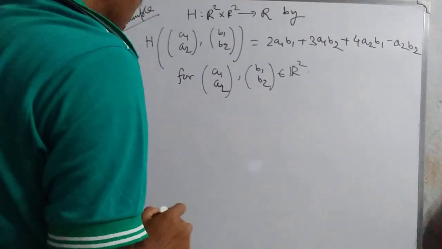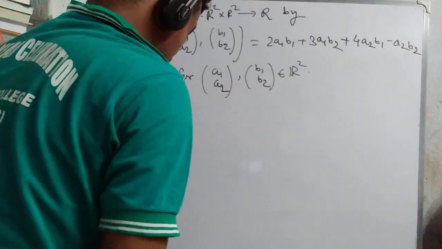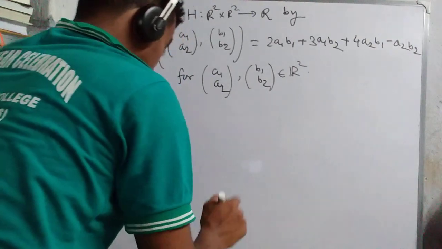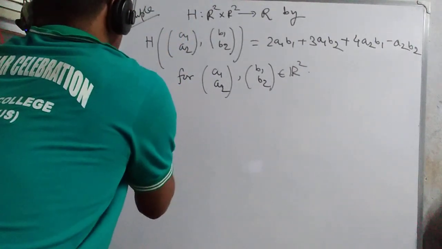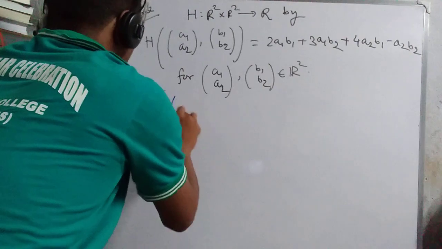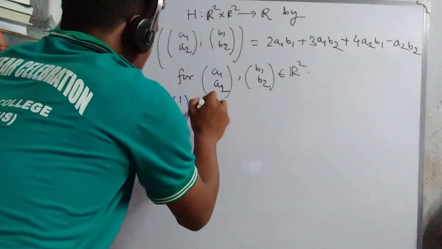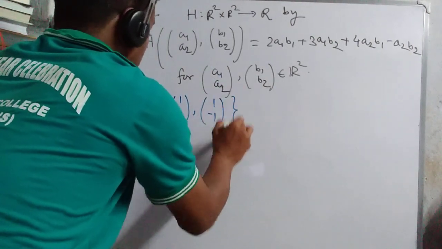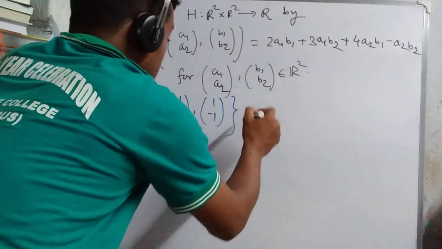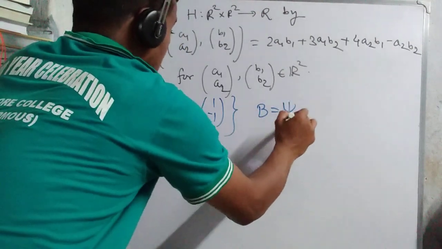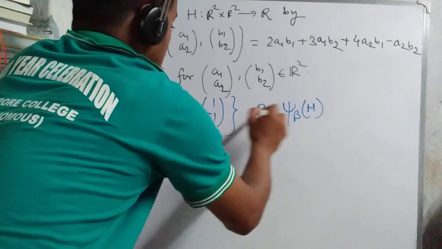Then we write beta equal to {(1,1), (1,-1)}, and B equal to psi beta H.